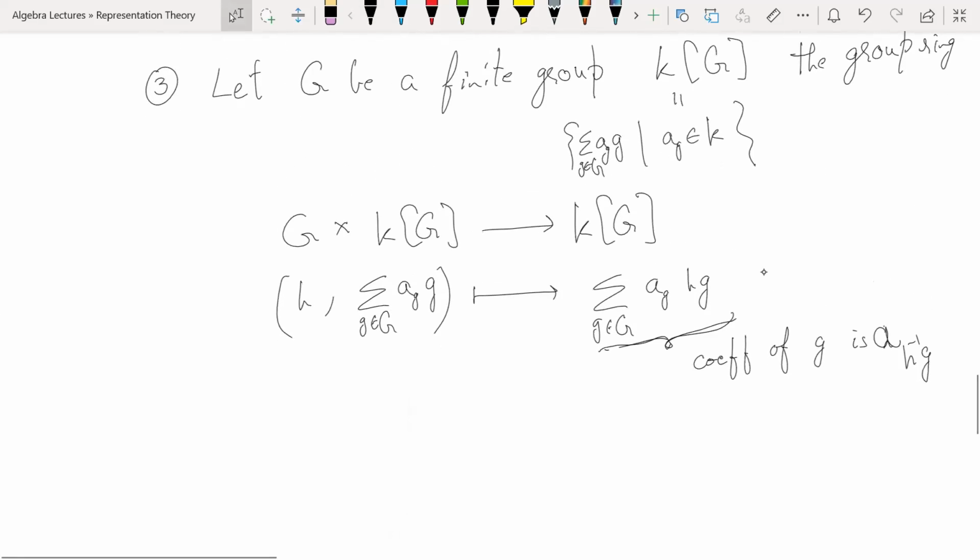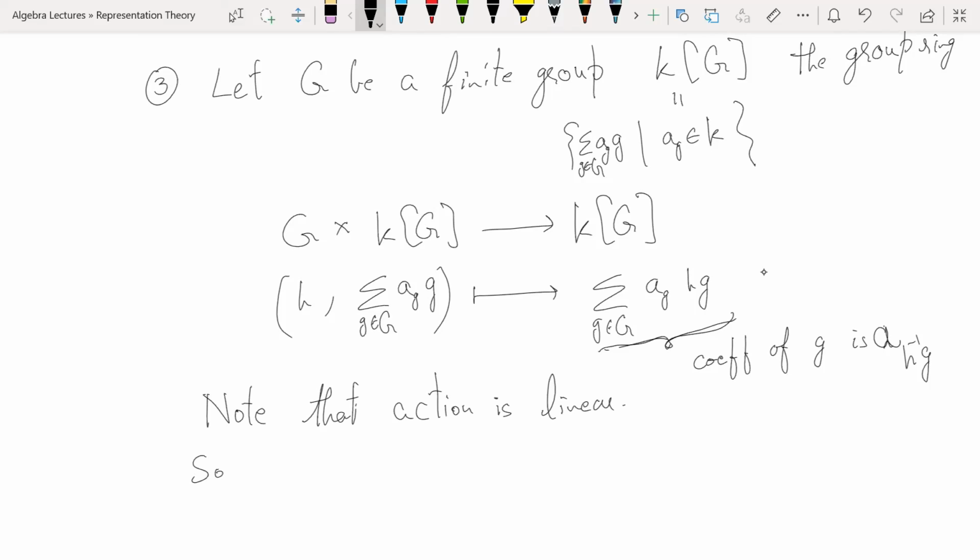So note that the action is linear, meaning if you take two of them, add them, you can split it again, and the same holds for scalar multiplication. It is a representation.